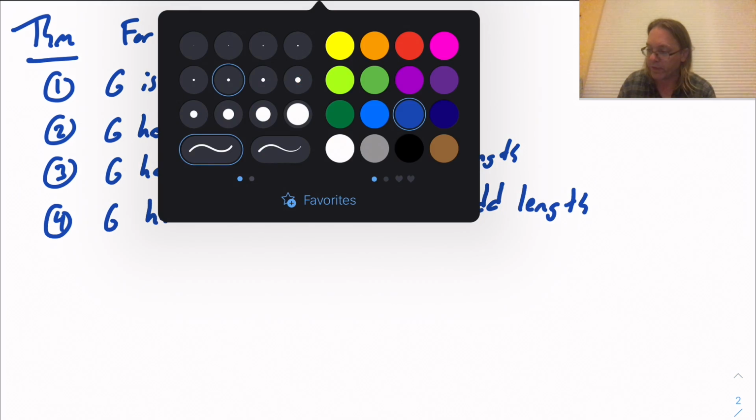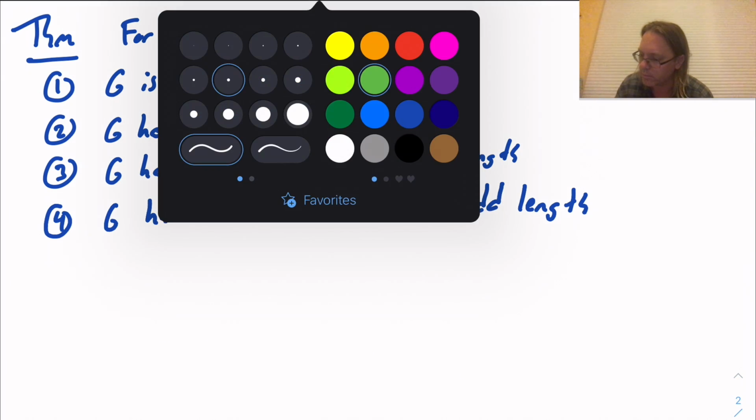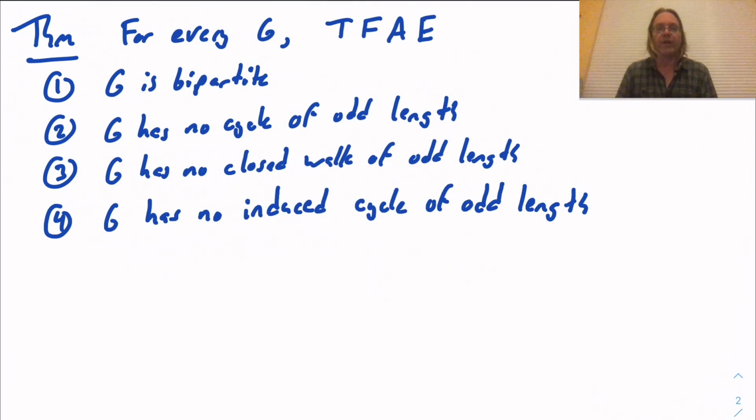So I want to prove here that condition 4 is equivalent to 1, 2 and 3. As a reminder, we've already proved that these three are equivalent.